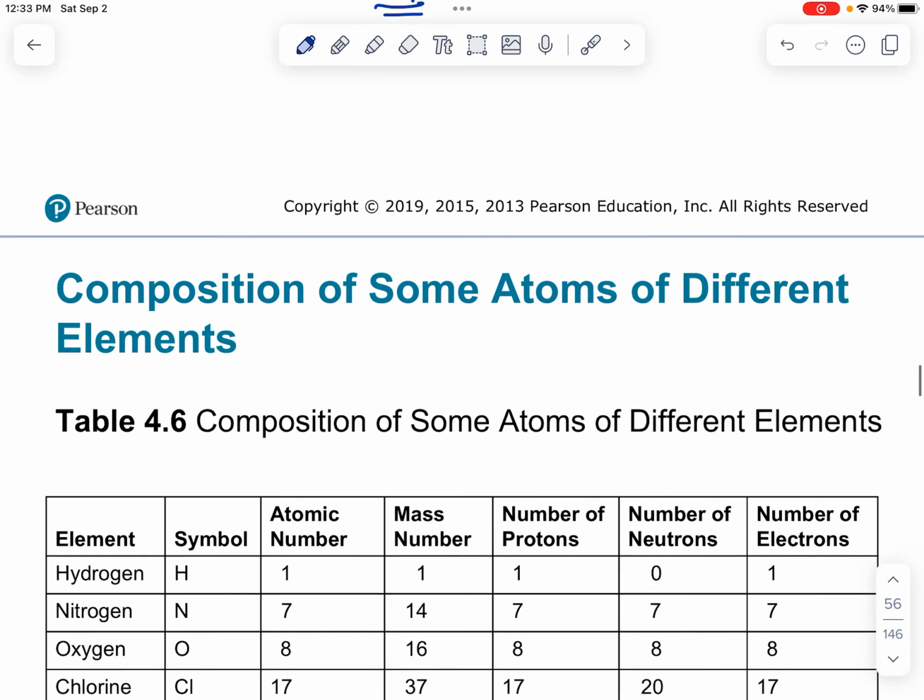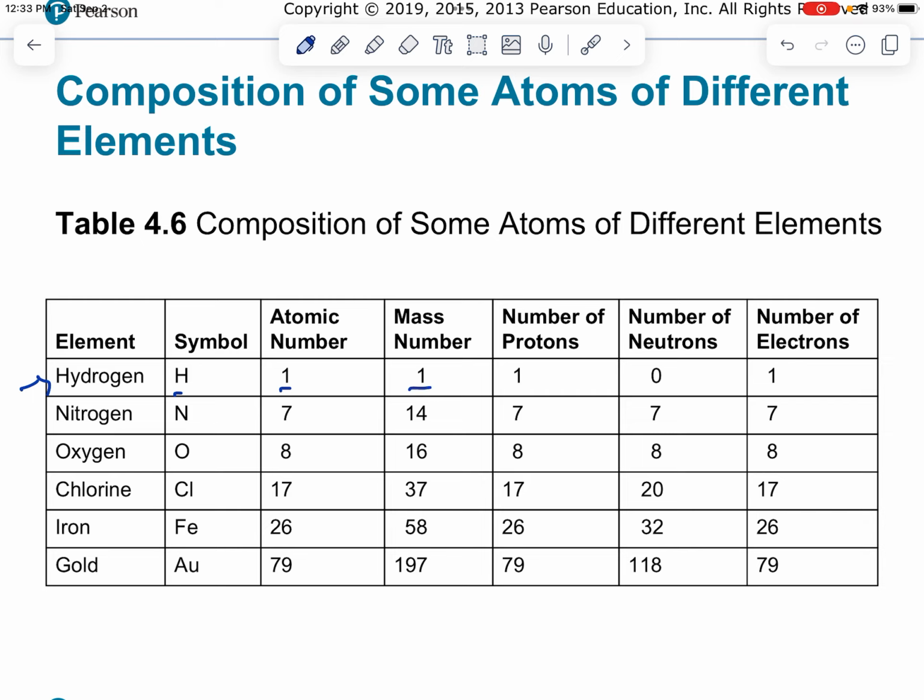So hydrogen has the symbol H, atomic number of 1, because remember that's the number of protons. It has a mass number of 1. So from that, we know if the atomic number and the mass number are the same, that means there are no neutrons, which is 0. And hydrogen's the only element that has that. And it has 1 proton and 1 electron.